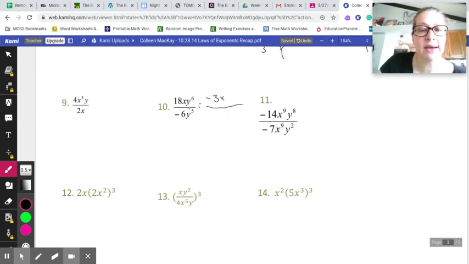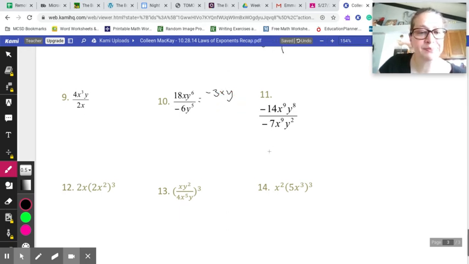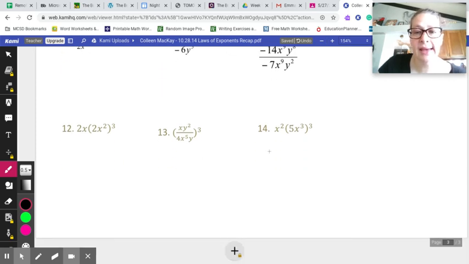Now I'm going to look at my y's. When I divide exponents, I subtract them. So 6 minus 5 is 1. So I can write y to the 1, but I don't need to. So negative 3xy.